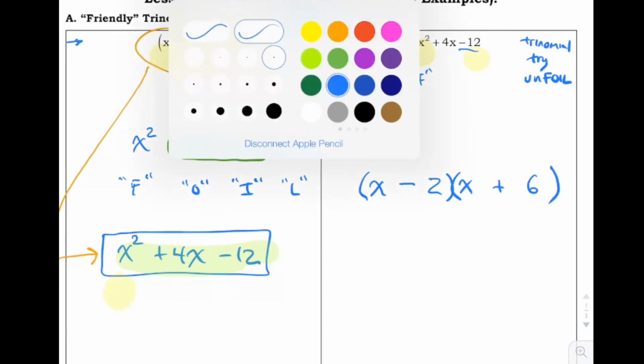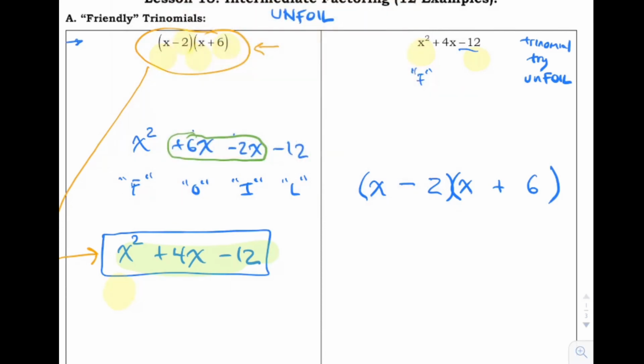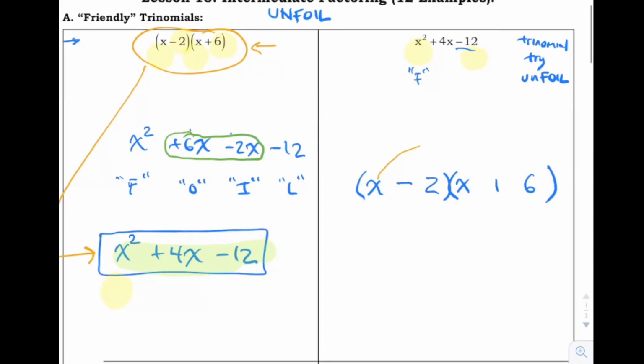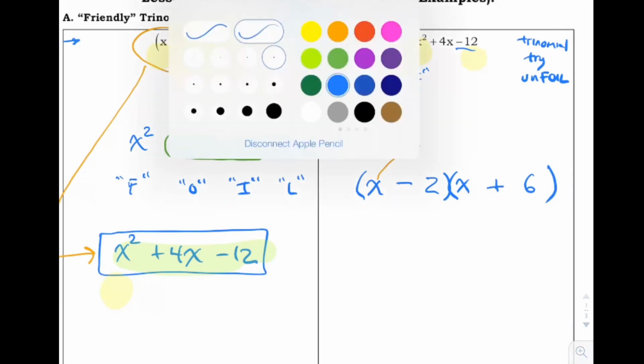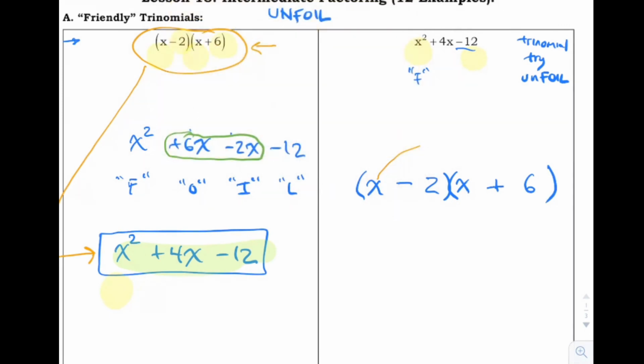So notice that when you go to foil this out, you'll have your x squared. Okay, and then you'll have the x times the plus 6, giving you a plus 6x on the outside.